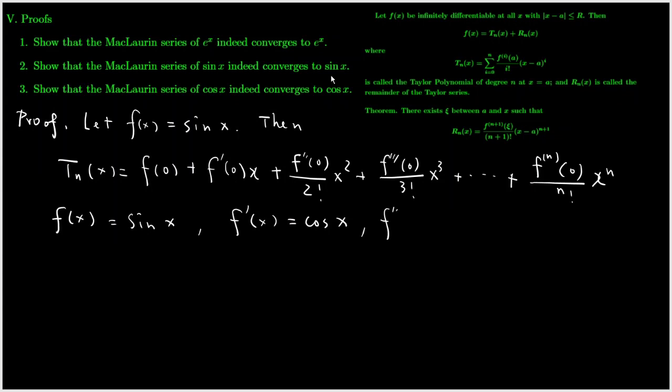The double derivative of the function is negative sine of x. The derivative of cos is negative sine of x. And then the triple derivative of the function is the derivative of negative sine of x, which is negative cos of x.